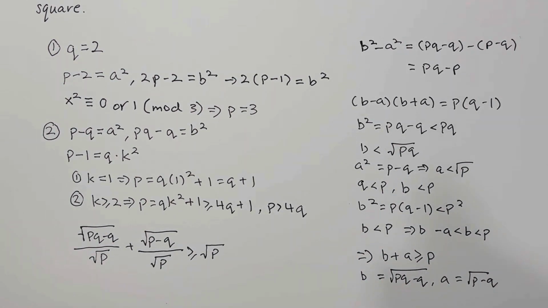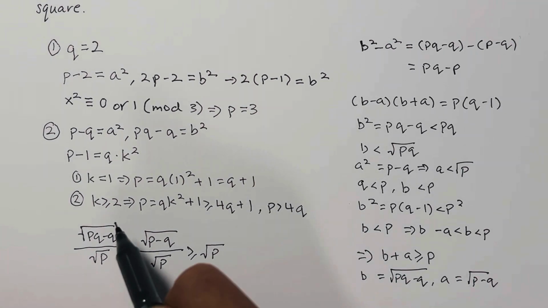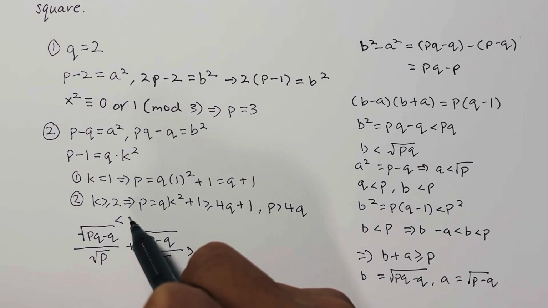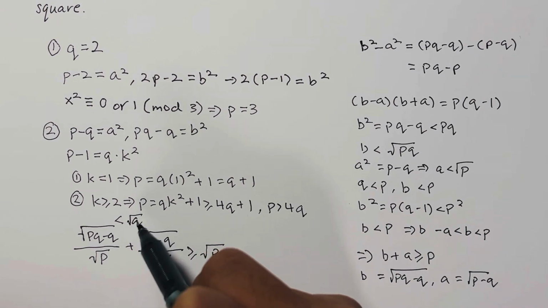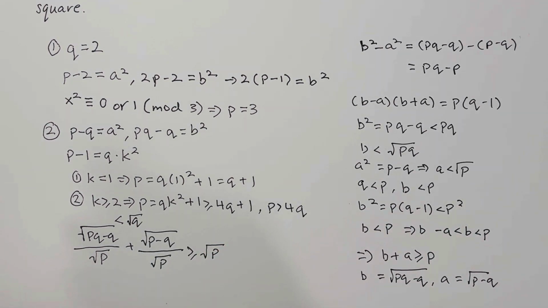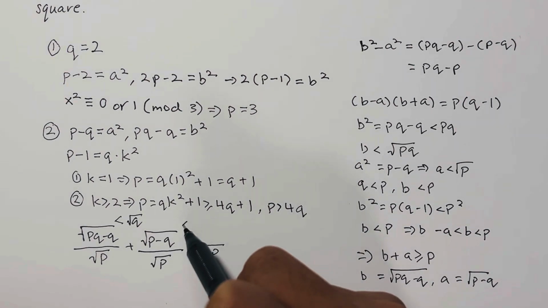Look at the first term. Square root of pq minus q divided by square root of p equals square root of q minus q over p. This is strictly less than square root q. And the second term, square root of p minus q divided by square root of p, is equal to square root of 1 minus q over p. This is strictly less than 1.